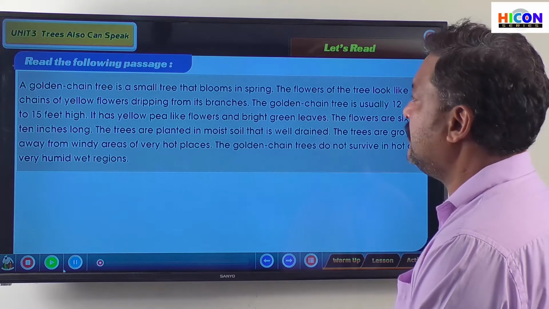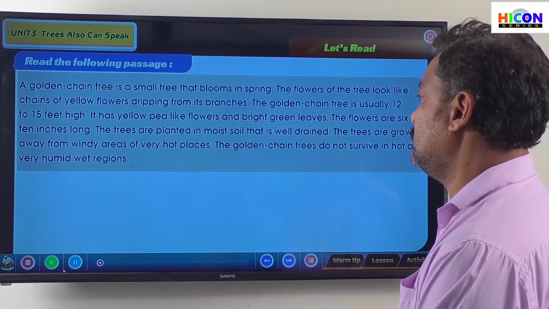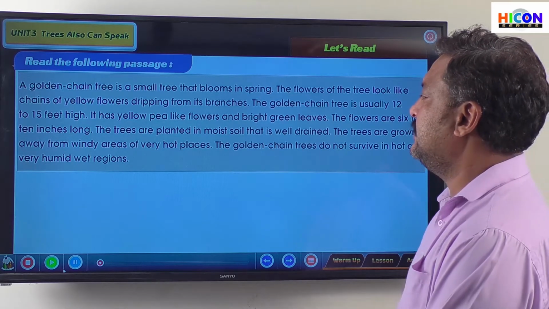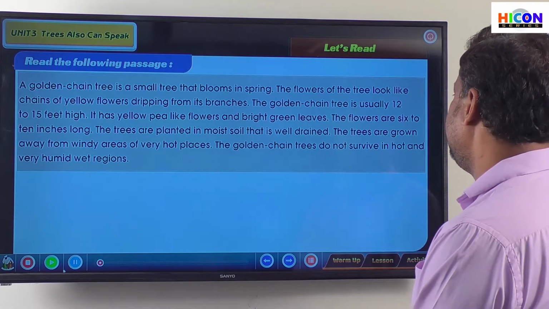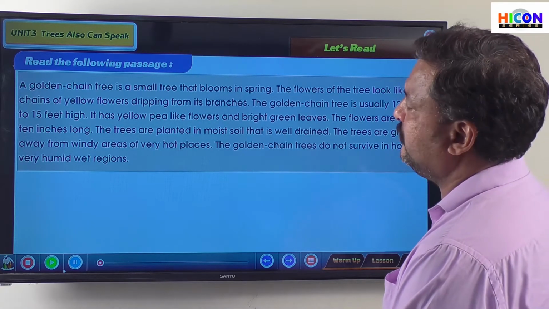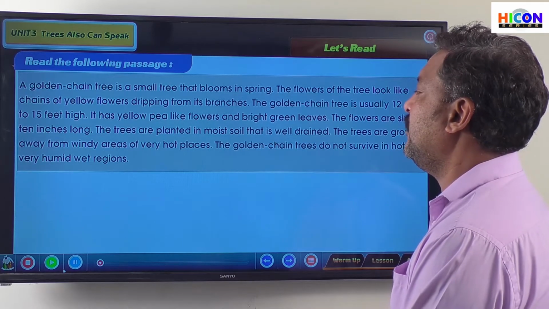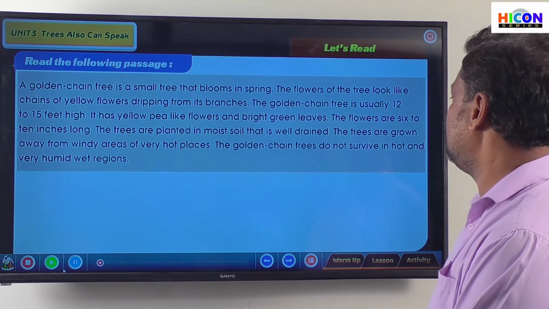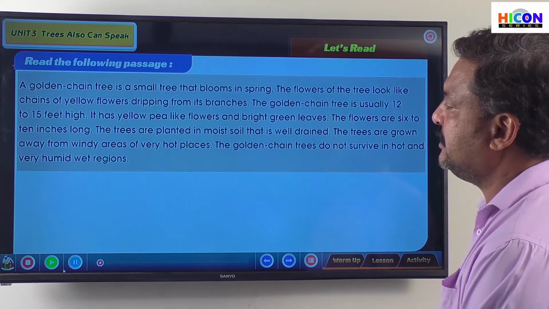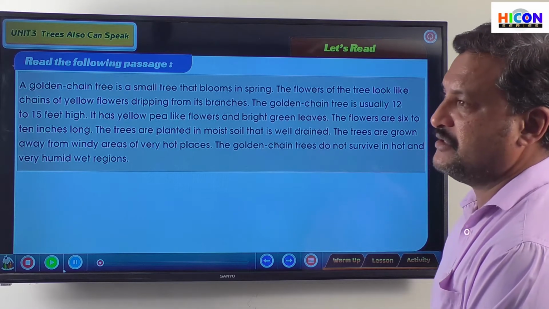The flowers are 6 to 10 inches long. The trees are planted in moist soil that's well drained. The trees are grown away from the windy areas of very hot places. The golden chain trees do not survive in hot and humid, wet regions.